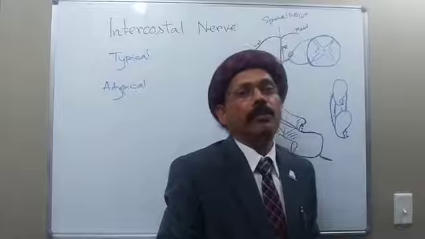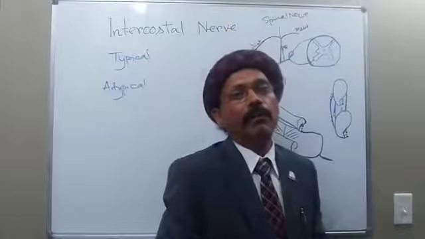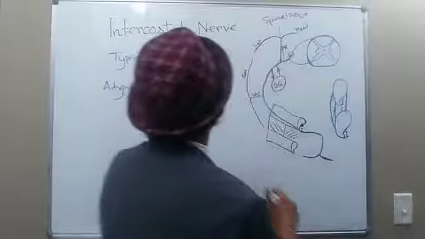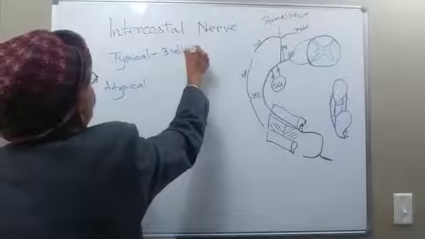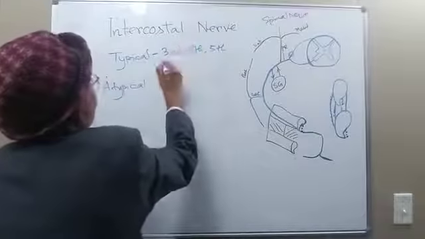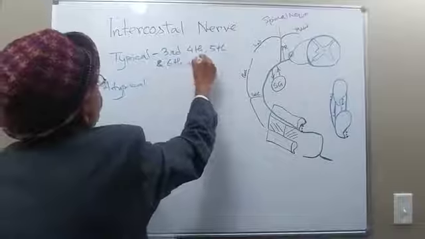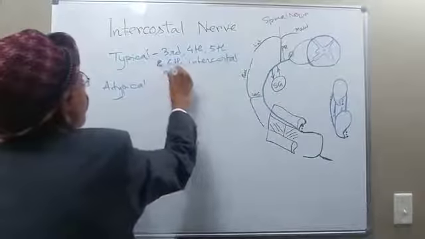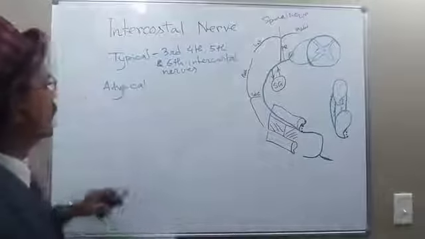Atypical intercostal nerves are formed as usual, but they are also distributed outside the intercostal space. So the third, fourth, fifth, and sixth intercostal nerves are typical intercostal nerves.